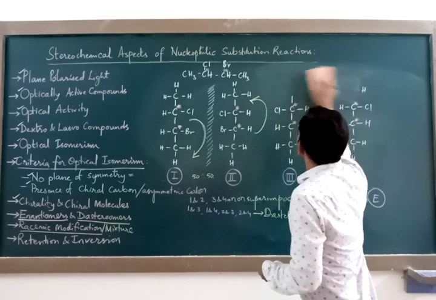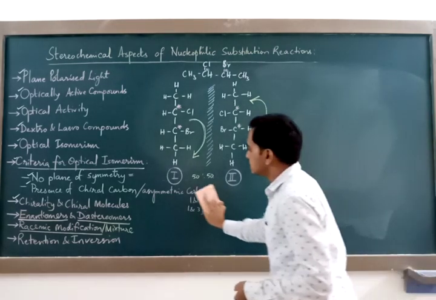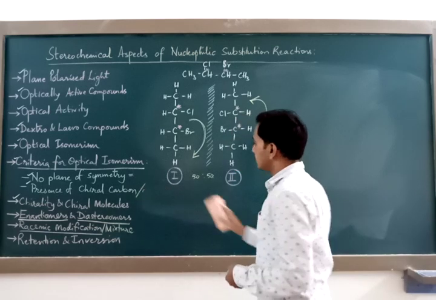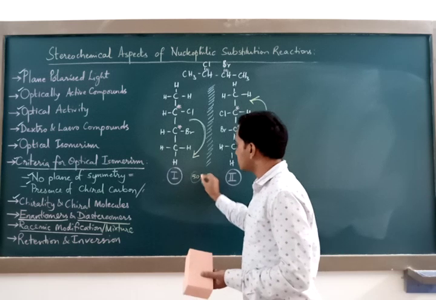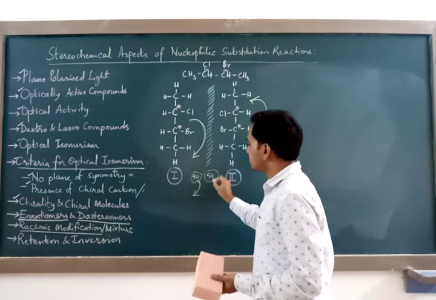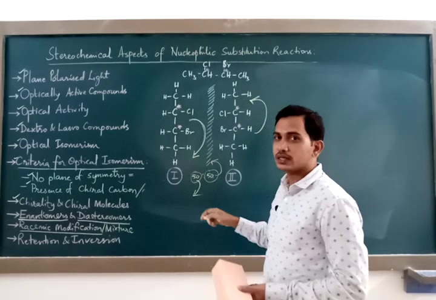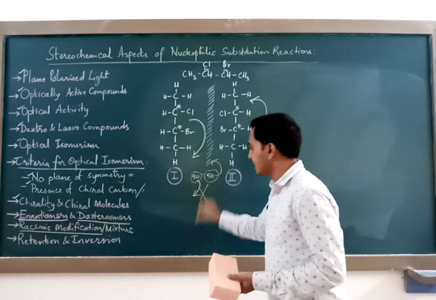A racemic mixture will be optically inactive because it contains two isomers in equal proportions. So if 50% of the molecules are rotating in clockwise direction, 50% of the molecules are rotating in anti-clockwise direction, then their net optical rotation gets cancelled.